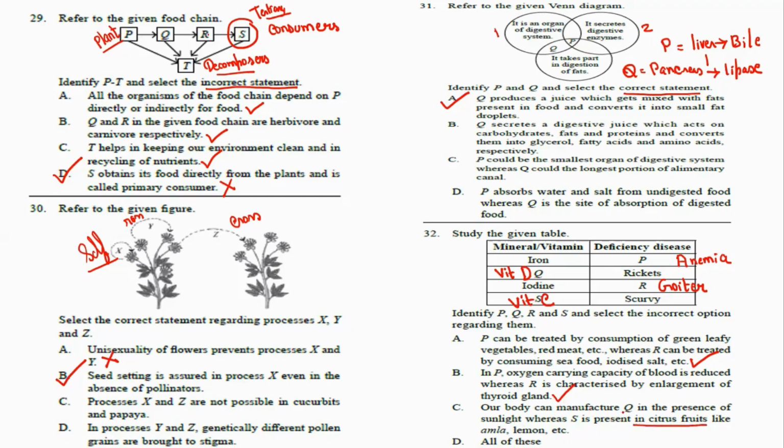Our body can manufacture Q in presence of sunlight, so this is also the correct statement. Okay, this is also correct. So which one is the incorrect one?